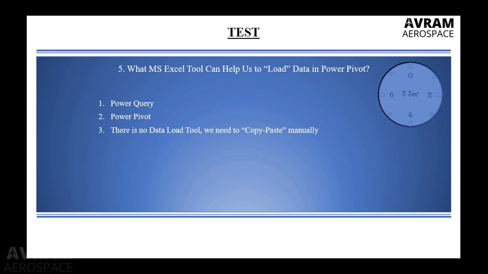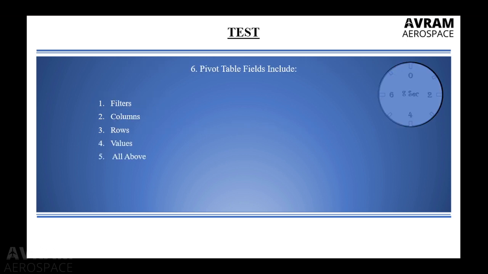5. What Excel tool can help us to load data in Power Pivot? Power Query, Power Pivot, there is no data load tool, we need to copy paste manually. Correct answer is Power Query. 6. Pivot table fields include filters, columns, rows, values, all above.